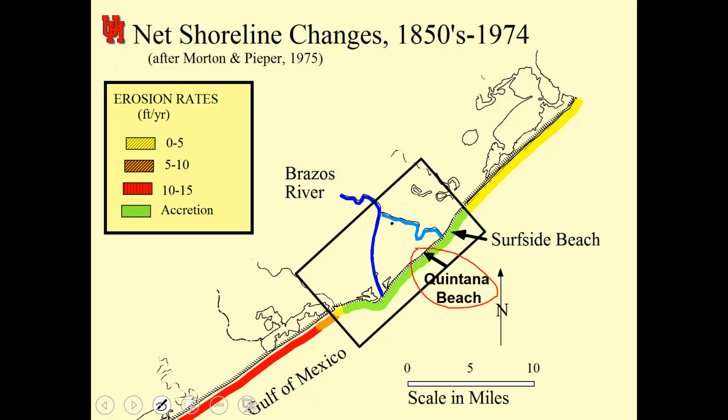Being the sophisticated person that you are, you're going to go to the geologic literature and get a paper that shows the net shoreline change for 125 years. And it turns out that that is in an area that's shown net accretion, essentially a positive sediment budget. Looks pretty good. But things aren't always as they seem.